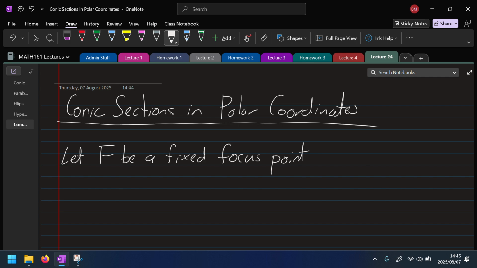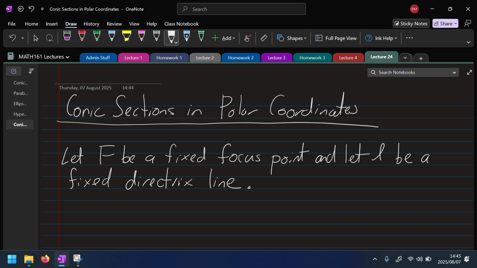So exactly the same as what we did for the parabola. So you fix some focus point. And let L be a fixed directrix line. Okay, so we've got a focal point and we have a directrix line.